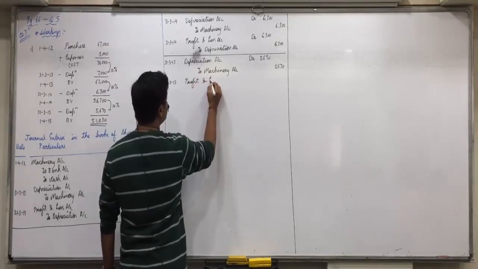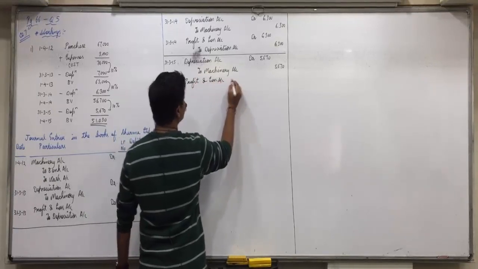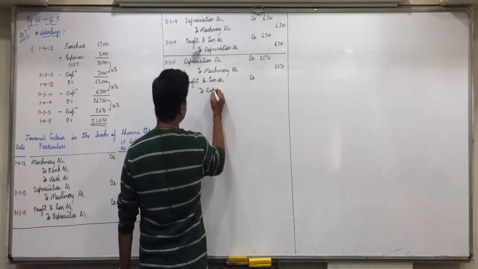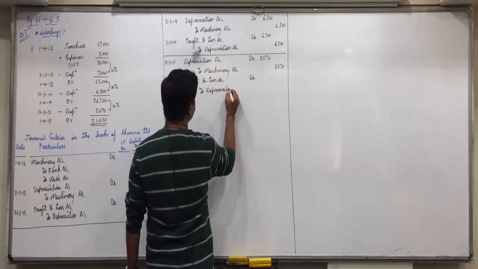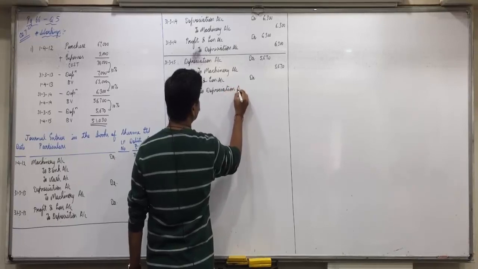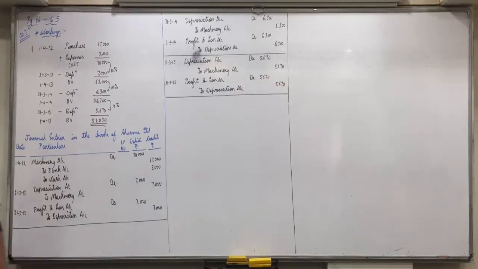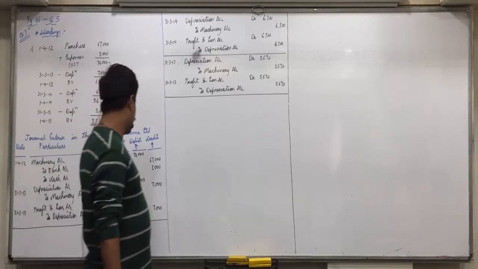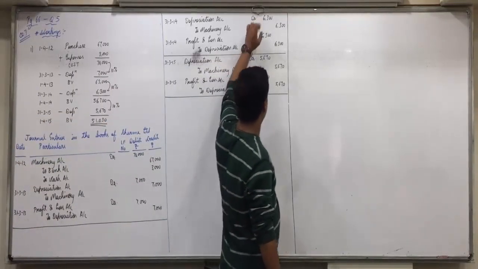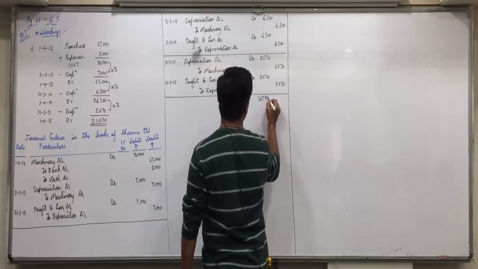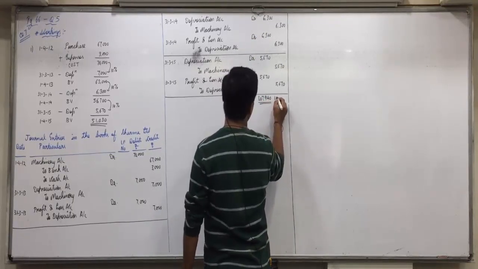Profit and loss account debit to depreciation account 5,670, being depreciation account transferred to profit and loss account. So 7,000 and 6,300, 13,300, and 5,670.